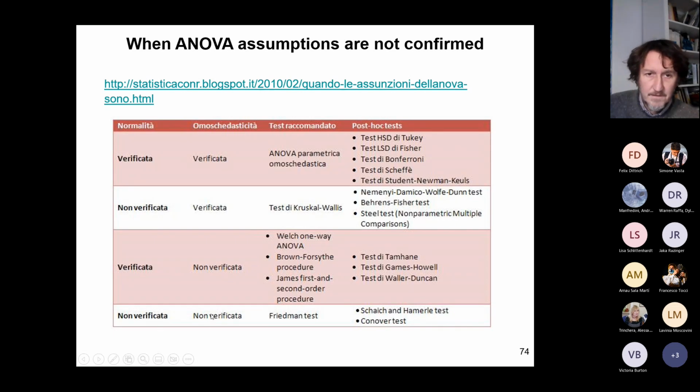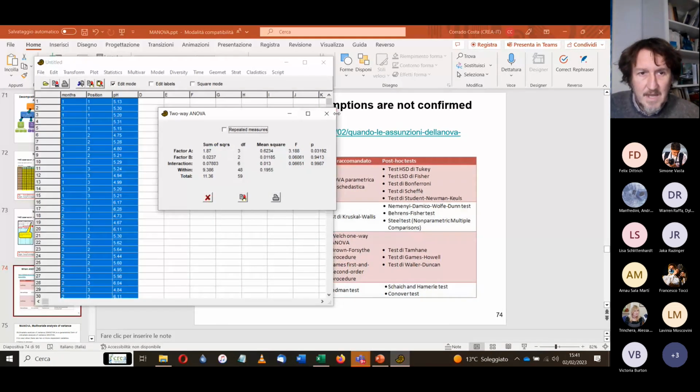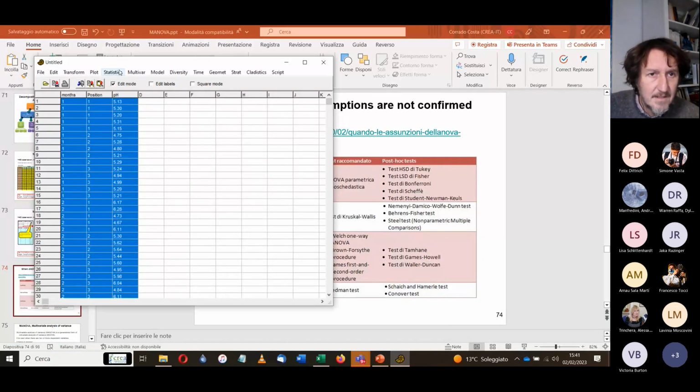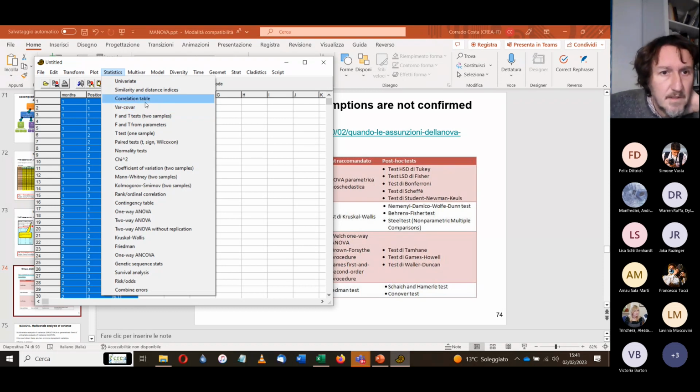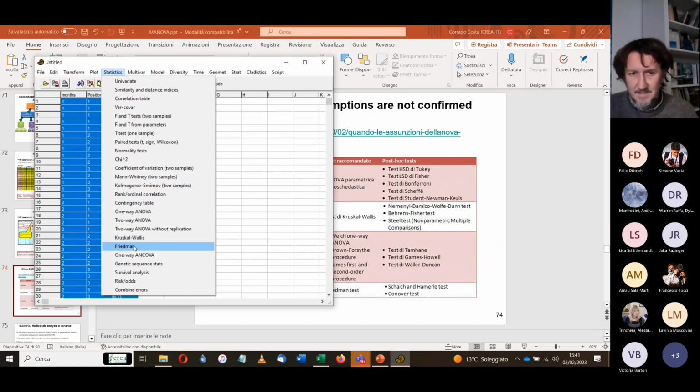In the case of homoscedasticity rejected, so heteroscedasticity, we have the Friedman test. But in PAST, we have just a different row. So Friedman test and Kruskal-Wallis test. So after the normality test, if the normality is not confirmed, we can choose Kruskal-Wallis or Friedman. That's it.